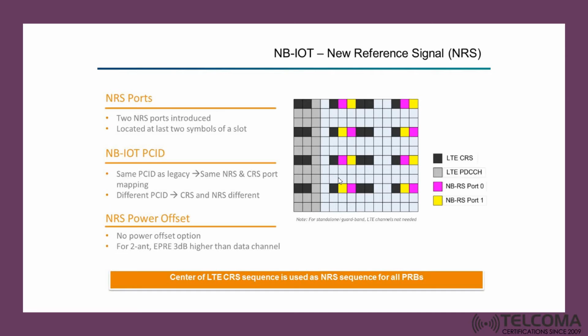The reference signal will have 3 dB higher power than the PDCCH and other data channels. And the center of the LTE CRS sequence is used as the NRS sequence for all the PRBs.